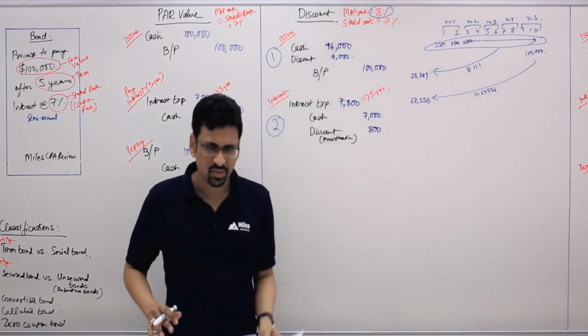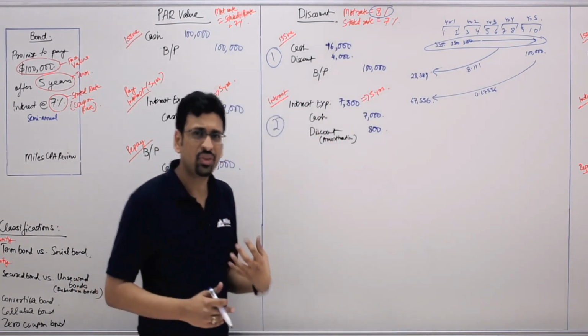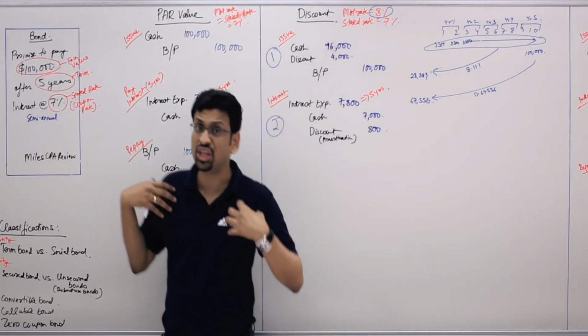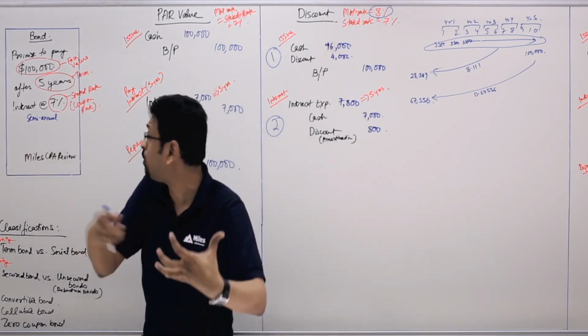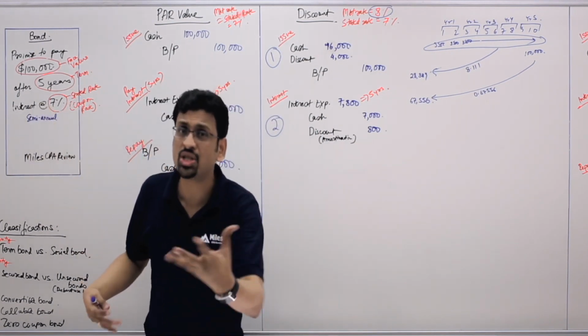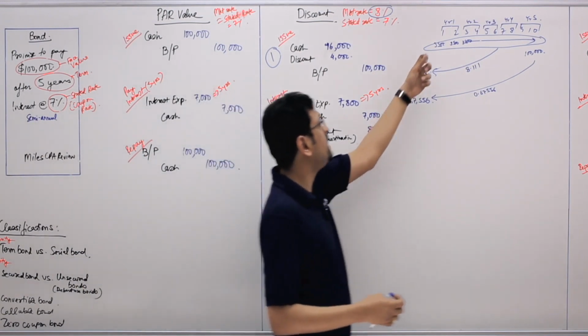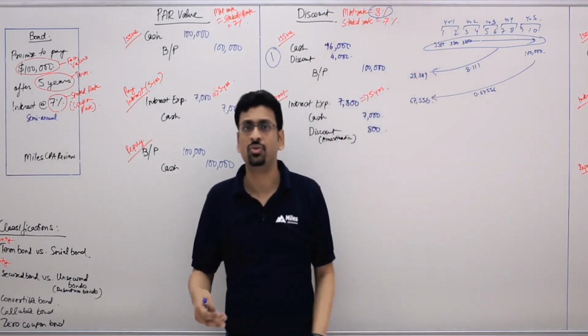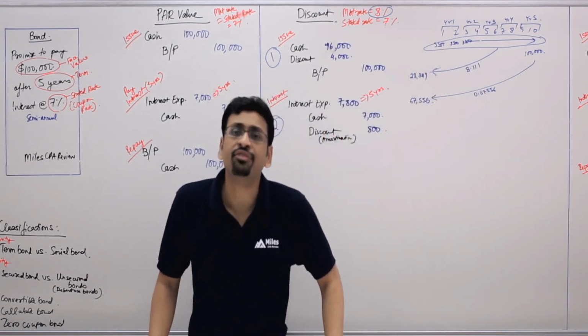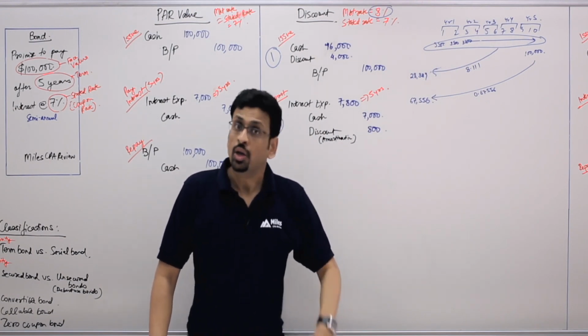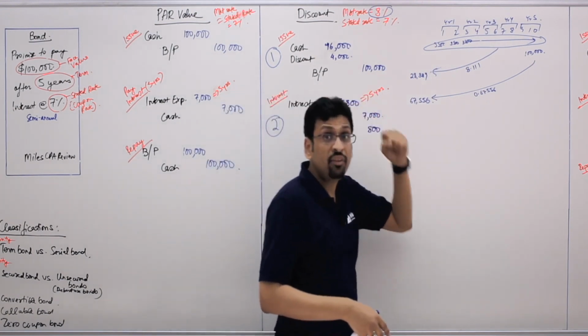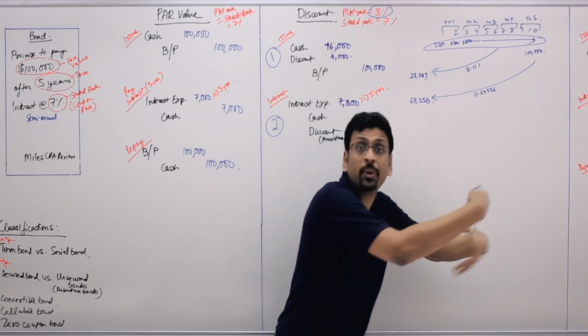Guys, understand this. Think about it. How much interest are we paying out on this bond? Let's say Mild CPA Review is issuing this bond with semi-annual interest. We're paying out 3,500 over 10 periods, which calculates to $35,000. Though we are paying out $35,000, that is happening in future periods.